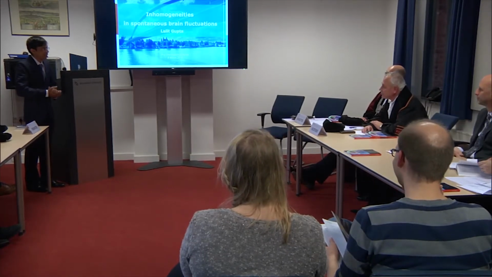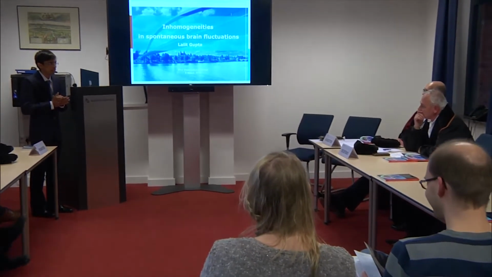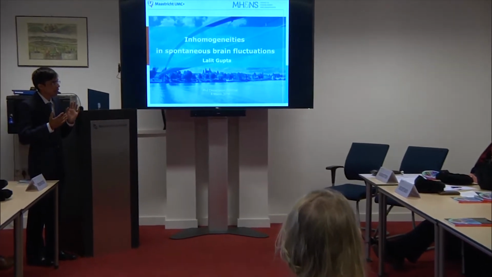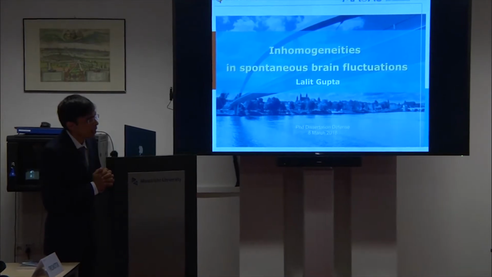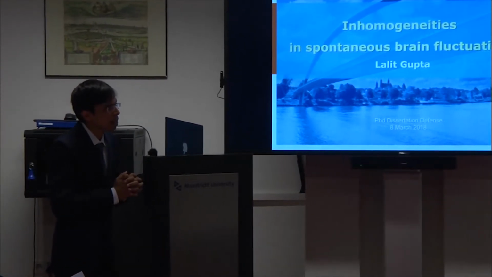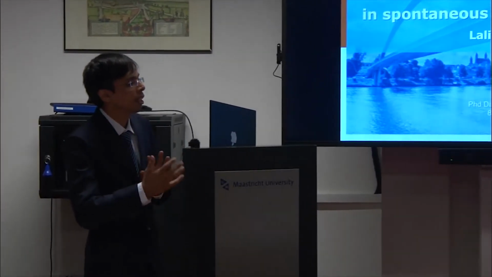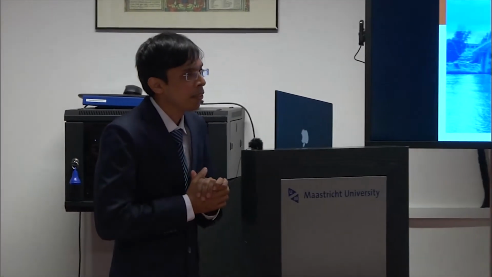So I'll try to explain. What we observed here is there is a characteristic, a frequency spectrum, a frequency characteristic of the bold signal. If that is altered, that means there could be some kind of abnormality. Now different features or different measures describe this abnormality in different ways.